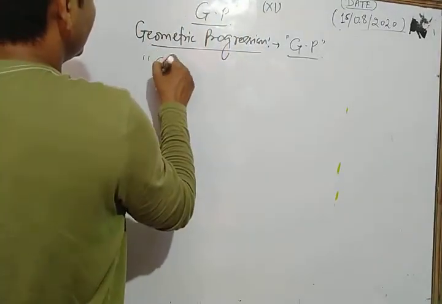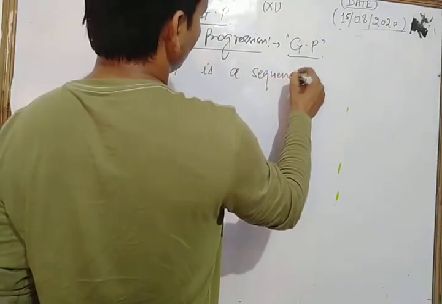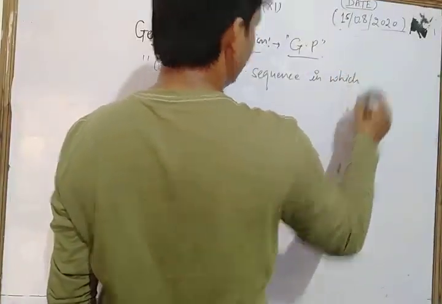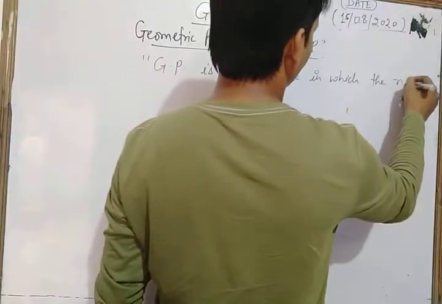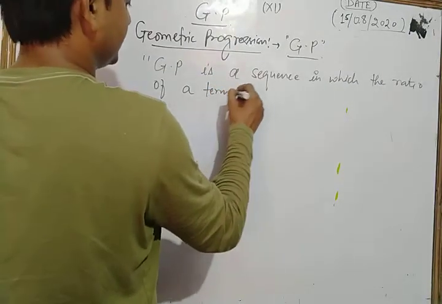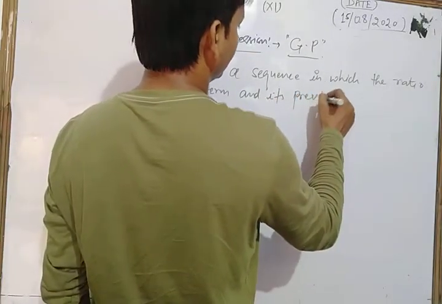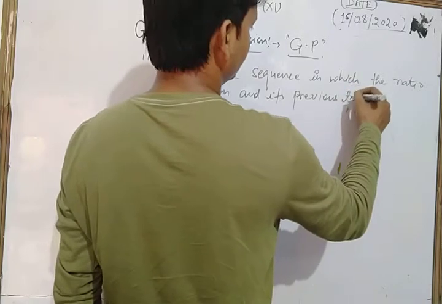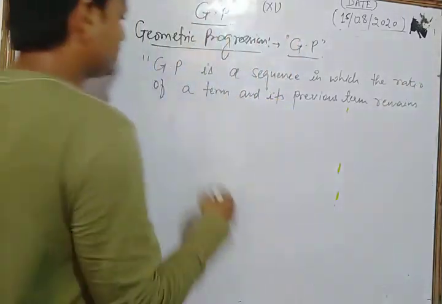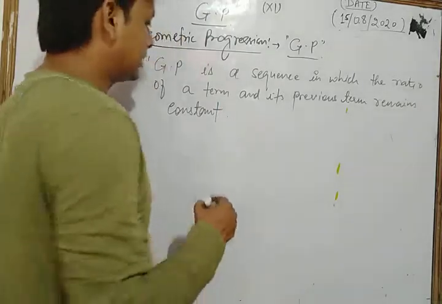GP is a sequence in which the ratio of a term and its previous term remains constant. Remains what, dear students? Constant. Yes, remains constant.